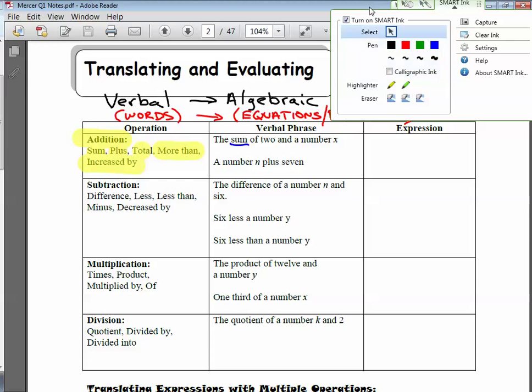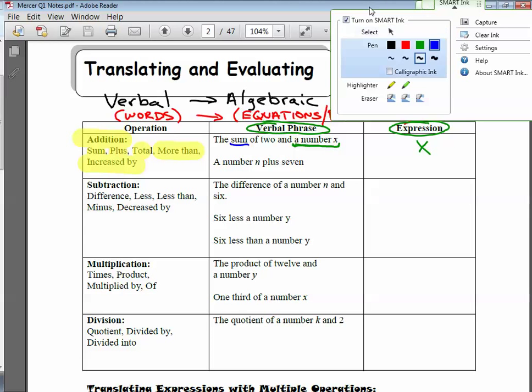So first of all, notice that they're giving it to me in this verbal phrase, and I need to write it as an algebraic expression. There's always going to be in all of these pretty much a variable, and the variable is described like this: a number x. So they're telling me that x is going to be my variable. So I always start with the variable, and so I write my x just like I did right there.